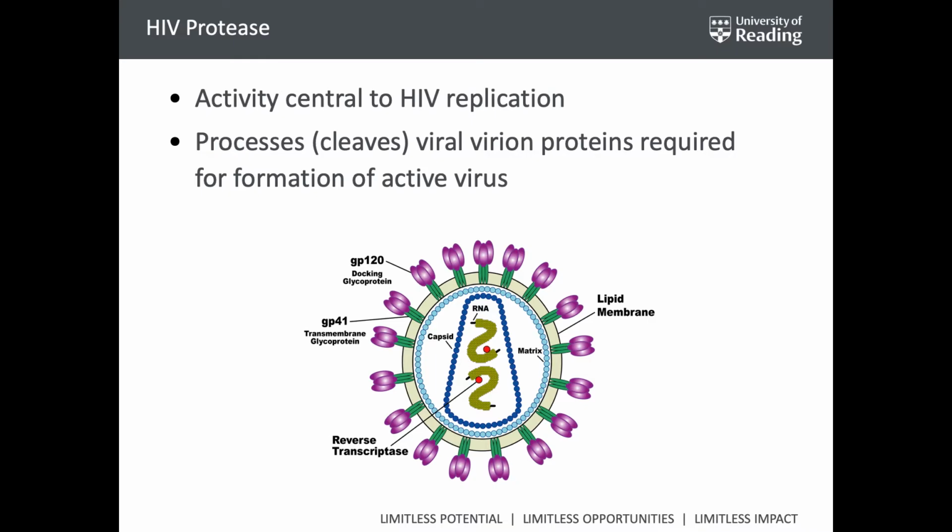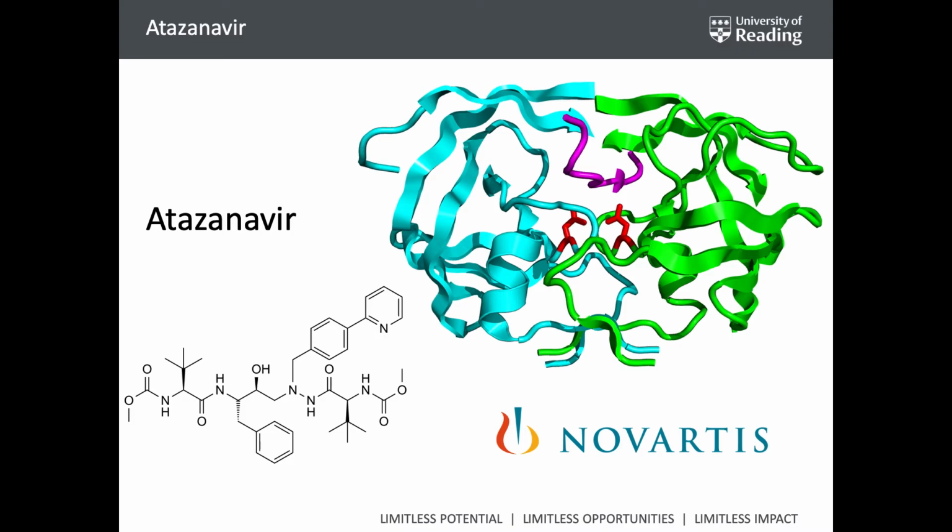And so by targeting this protease, actually you can stop HIV replicating, or you can certainly slow down and reduce the level of replication. This is exactly how one of the key clinical drugs targeting HIV and in use clinically to reduce and to slow down HIV infection works.